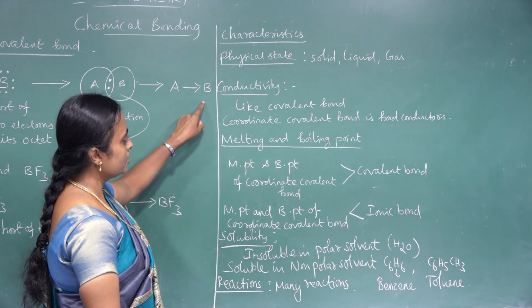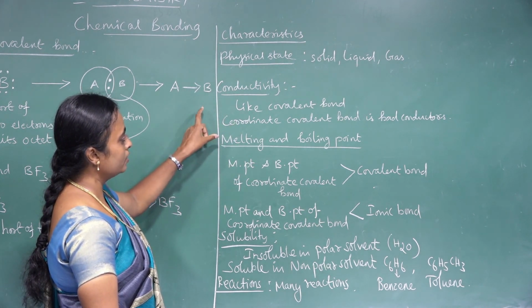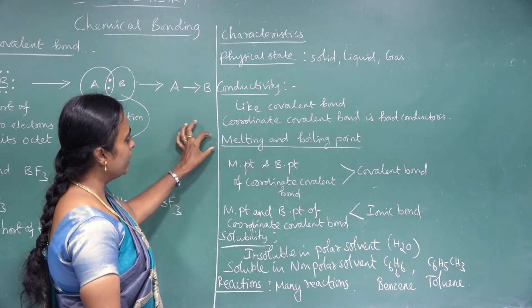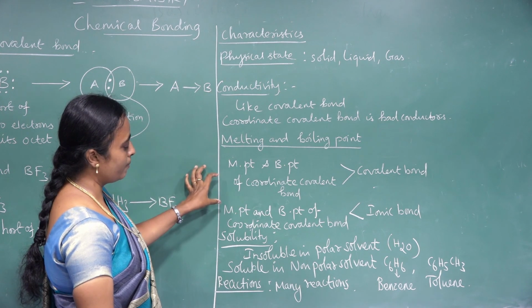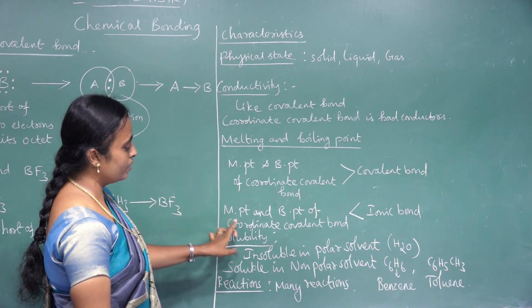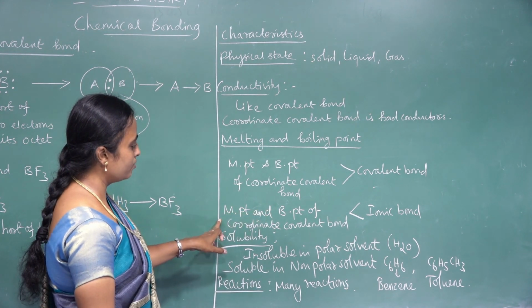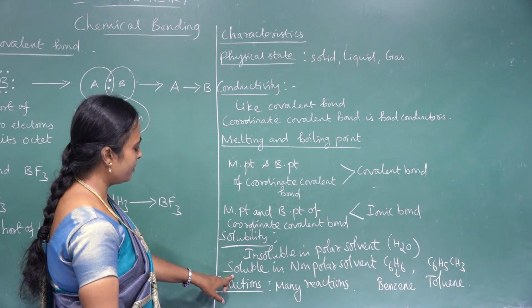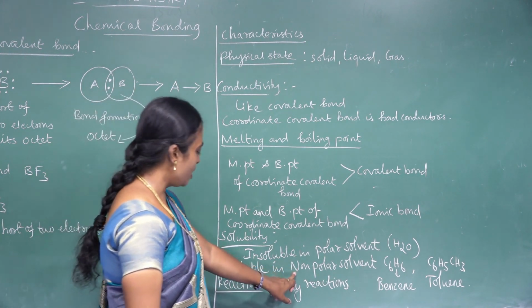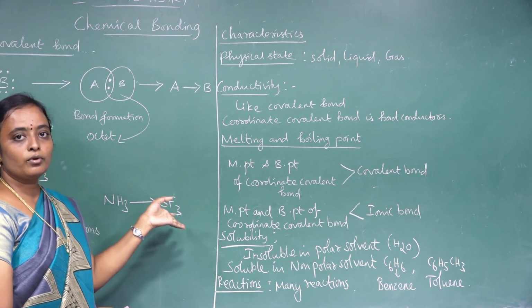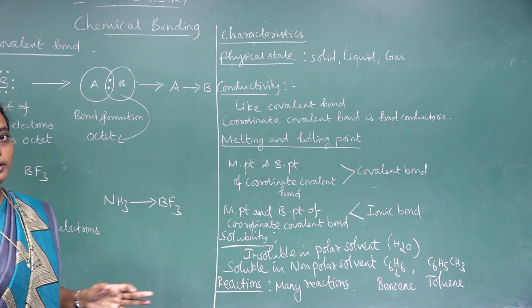Whereas for conductivity, like the covalent bond, the coordinate covalent bond is also a bad conductor. Melting and boiling point, we compared the covalent bond with the coordinate covalent bond, and in the same way the ionic bond with the coordinate covalent bond. And solubility, it is insoluble in polar solvent whereas soluble in non-polar solvent, and coordinate covalent compounds are involved in many reactions.